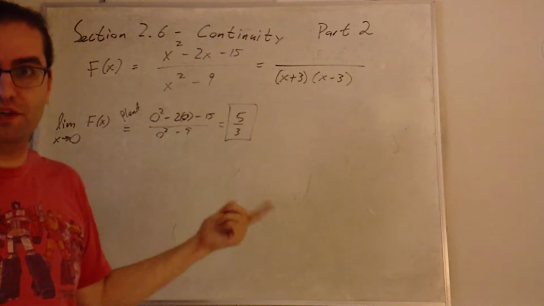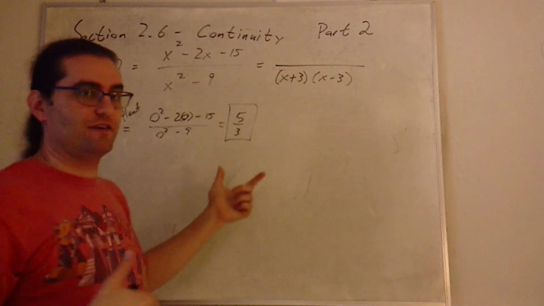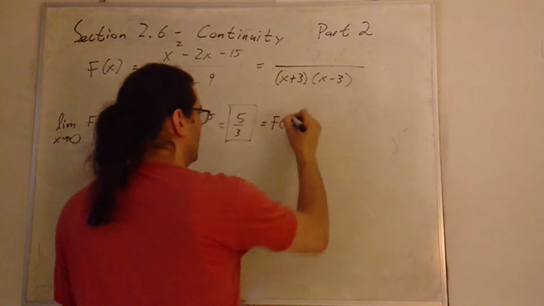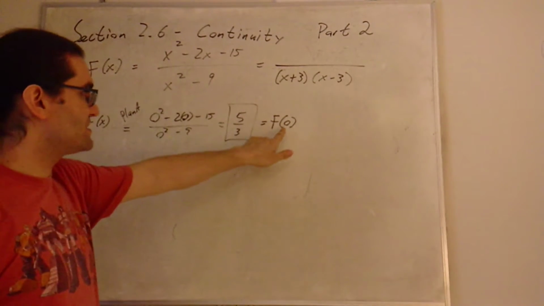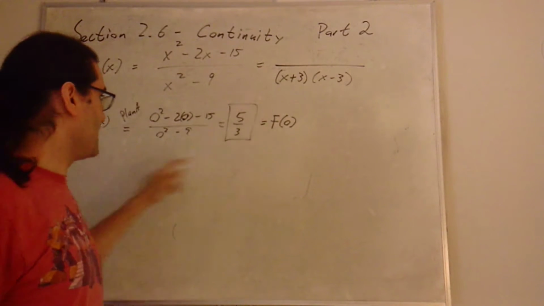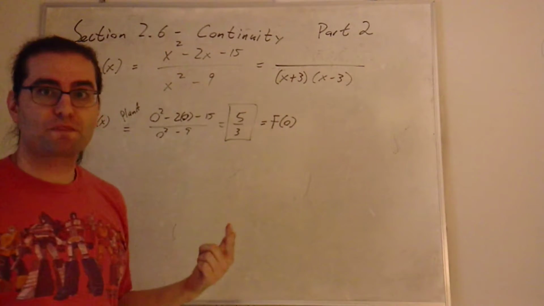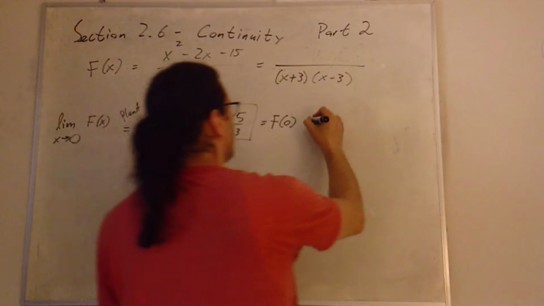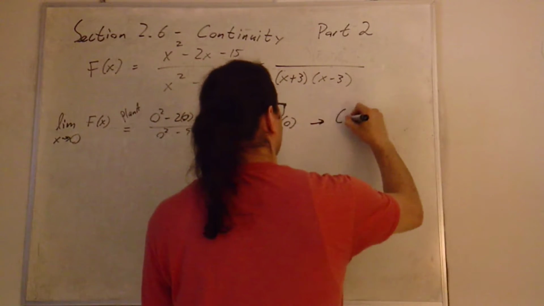That's what plan A means. You plug the number in, you get 5/3. 5/3 is f of 0. And this means that the function value exists, the limit exists, and they match. Anytime plan A succeeds, that means that the function is continuous.